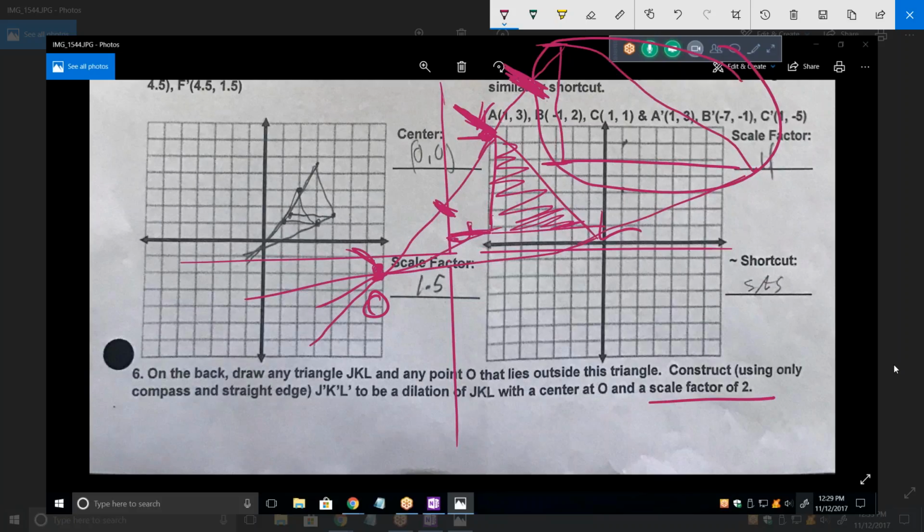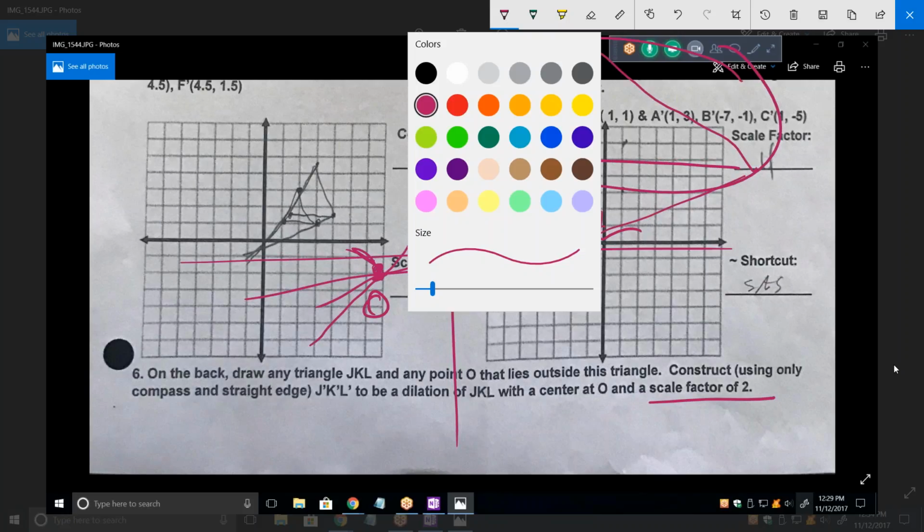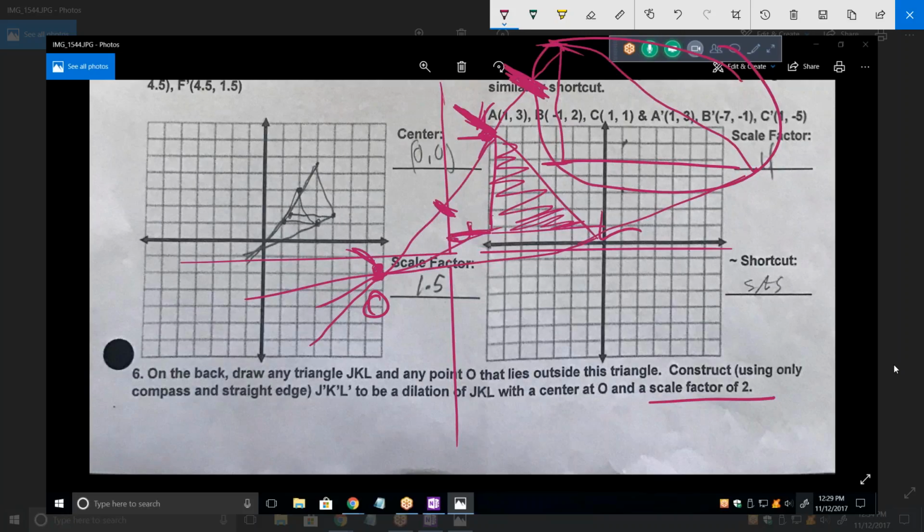I haven't left enough room up here to do it. I'm always on the wrong side of these things because when I first draw it, I don't know which side I'm going to be on. But this satisfies the problem. And I think you can see that if I set my compass distance to measure this distance, then I'm going to have a triangle that is a factor of 2 scale factor.